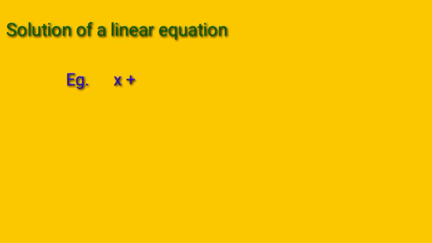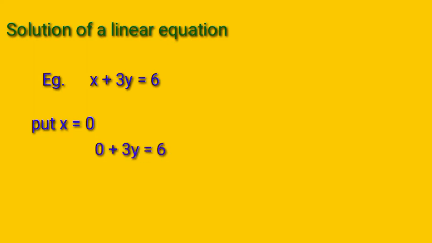x plus 3y is equal to 6. That is a linear equation in two variables x and y. Okay, first what you have to do? We have to substitute a value for x. Put x is equal to 0. What happens to the equation when x is equal to 0? It becomes 0 plus 3y is equal to 6.